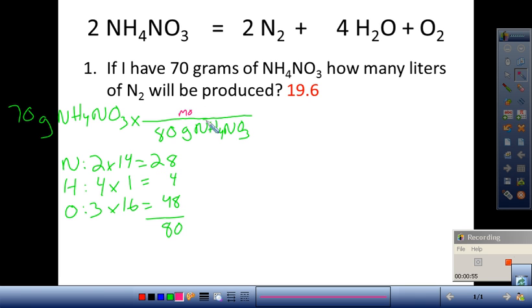From grams I can go to moles. And if I have NH4NO3 down there, I have to have it up there. And there's 1 mole in the fraction, so it's always 1 mole. So I'm in moles of this stuff, but I'm looking for N2, so I want to get out of that.